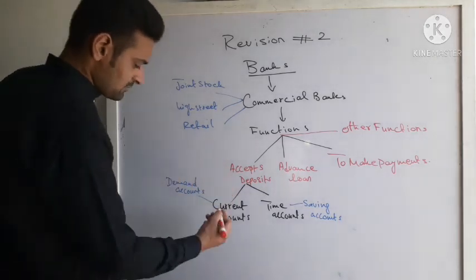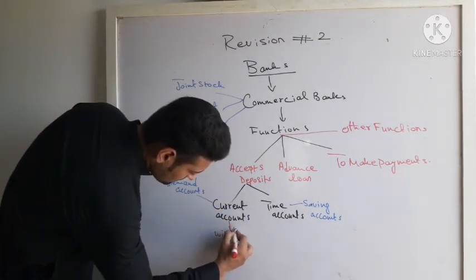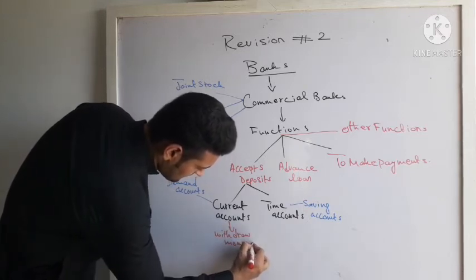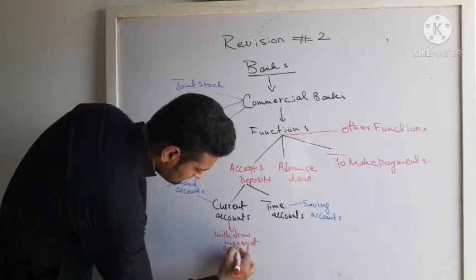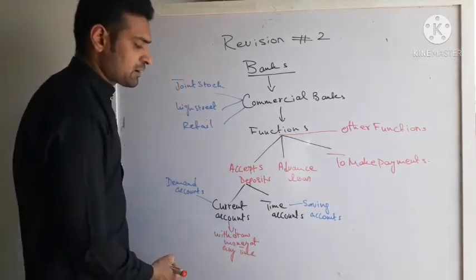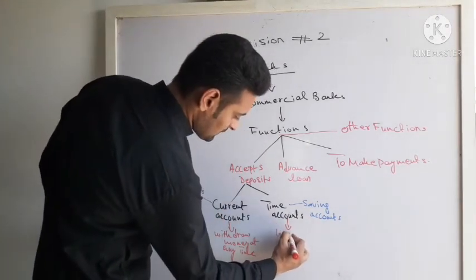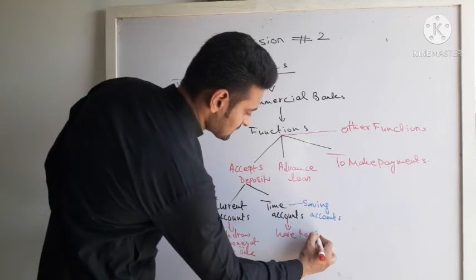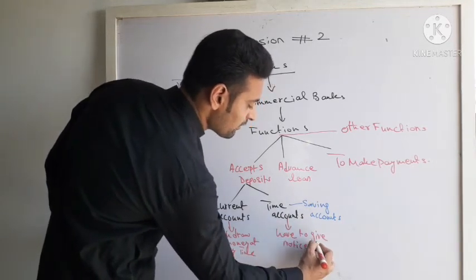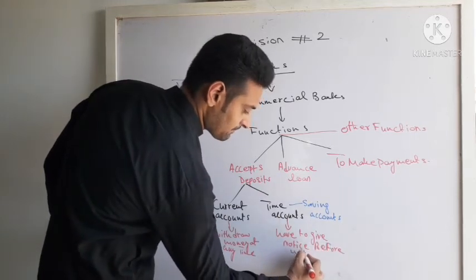So in a current account, you can withdraw money at any time. And if we talk about the time accounts, you have to give notice to the bank before withdrawal.